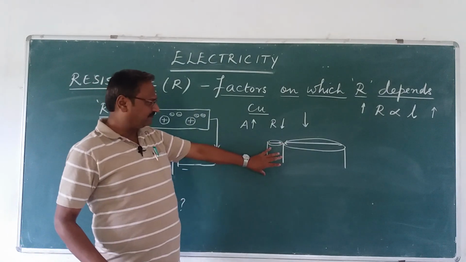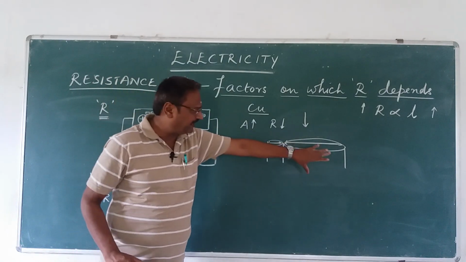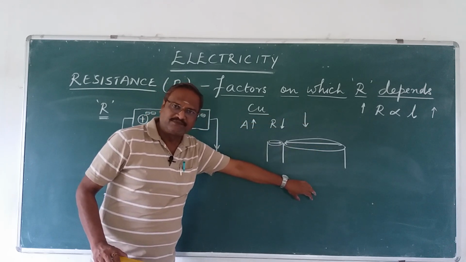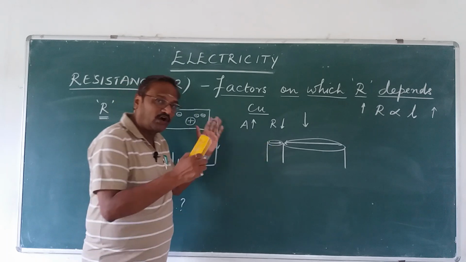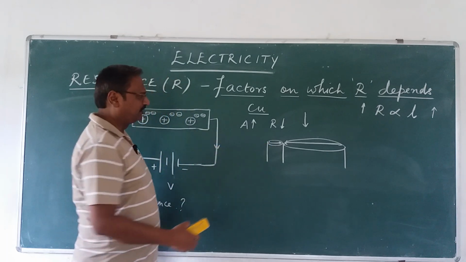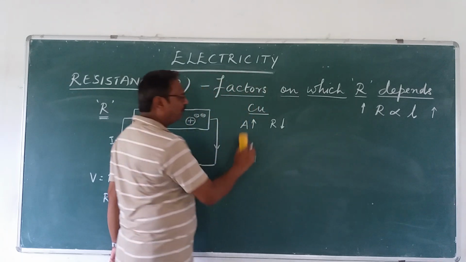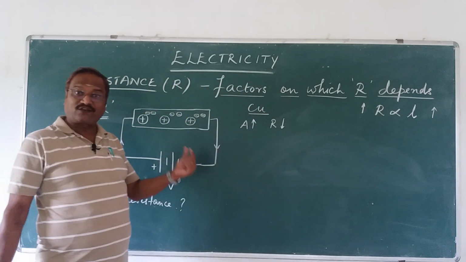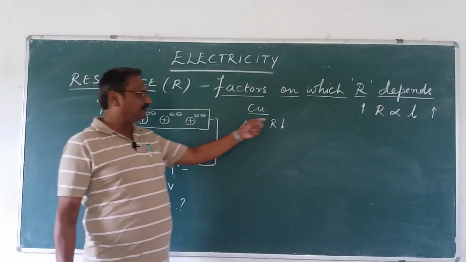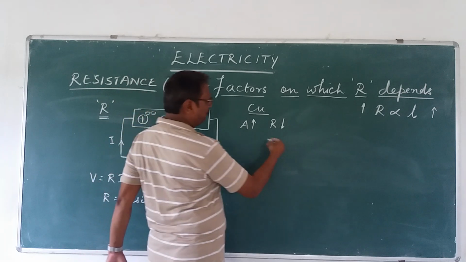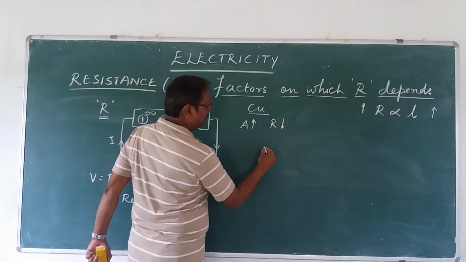Again, school gate, a smaller gate and a bigger gate. In the bigger gate you move more easily, whereas in the smaller gate you have to hit each other more closely. So naturally the resistance will be more in a narrow gate than in the larger gate. Let us now bring the analogy to a wire.